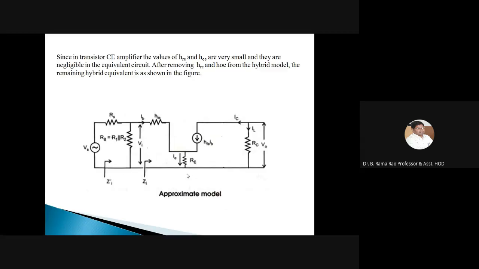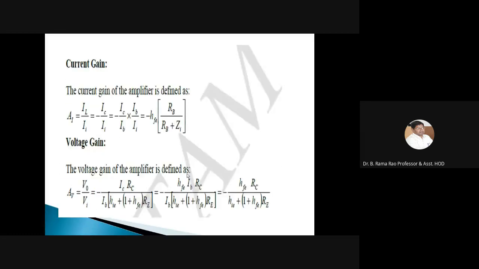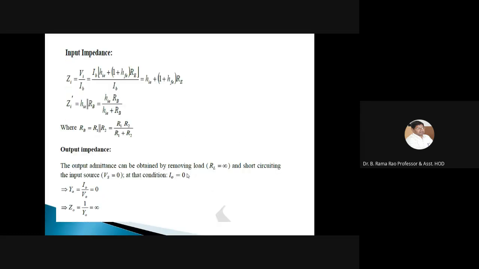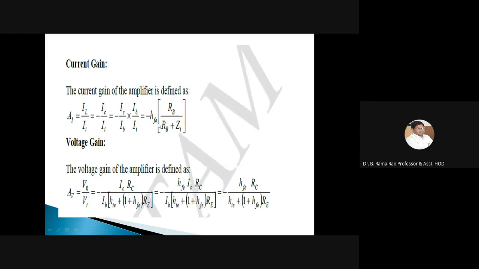Using this approximation model, we derive the expressions for input impedance, output impedance, current gain, and voltage gain. Input impedance is HIE plus 1 plus HFE into RE. Output impedance is infinite. Current gain is minus HFE into RB by RB plus ZI. And voltage gain is minus HFE into RC by HIE plus 1 plus HFE into RE.